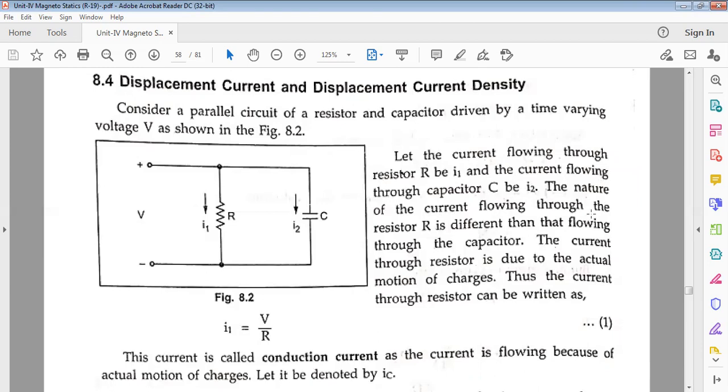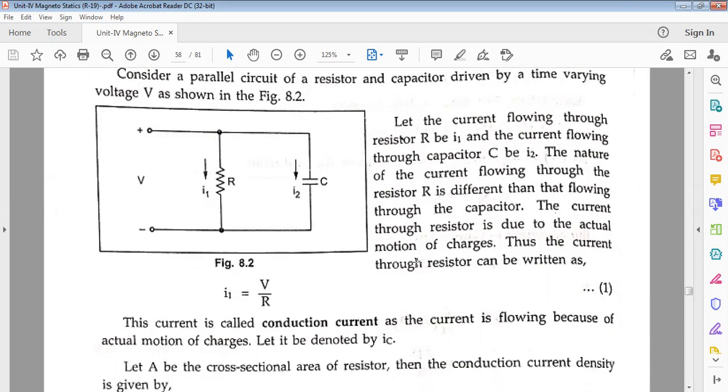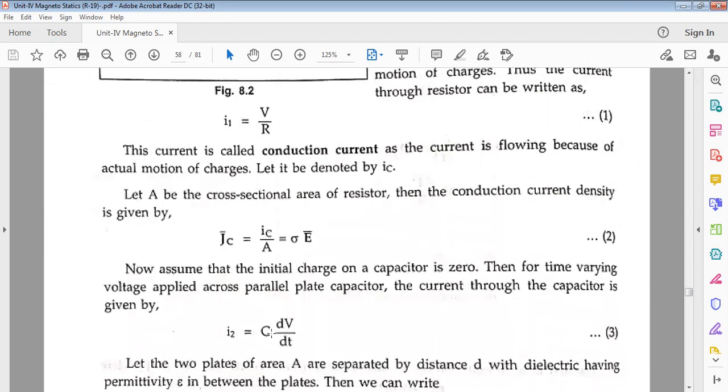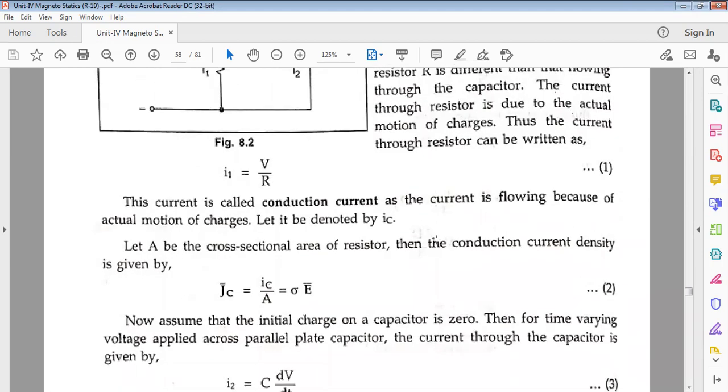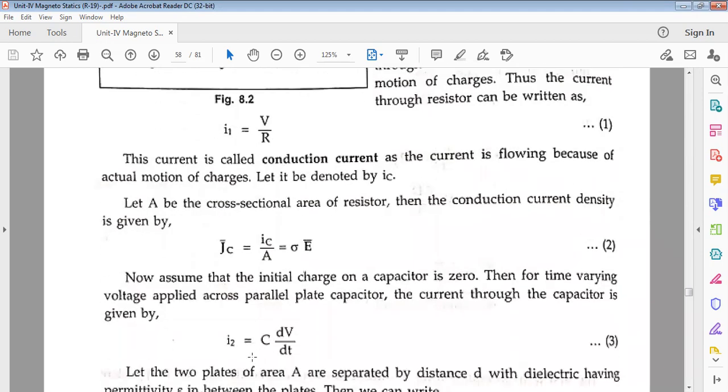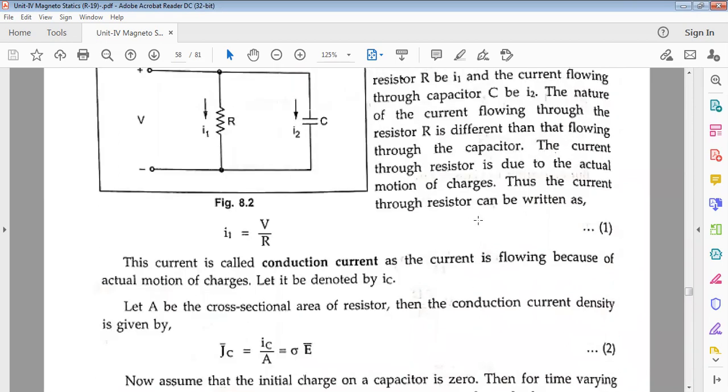The nature of current flowing through the resistance is different from that flowing through the capacitor. In terms of the voltage, I1 is equal to V by R, and I2 is equal to C into dV by dt.